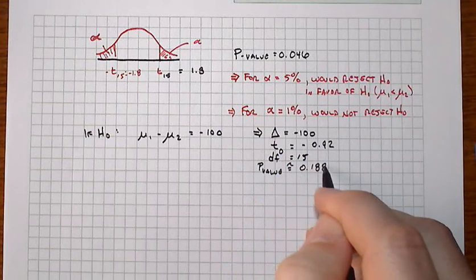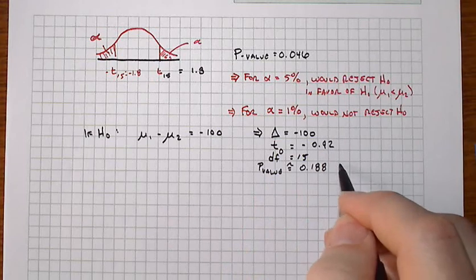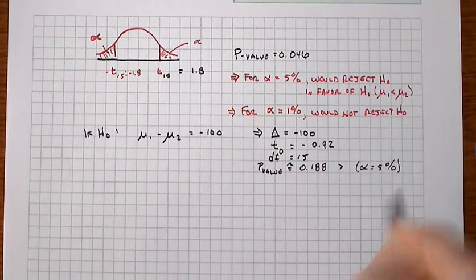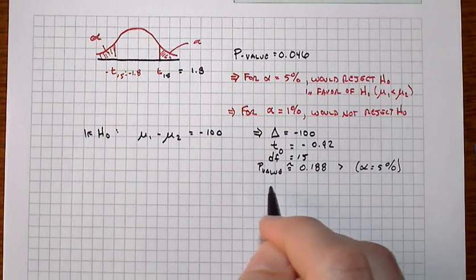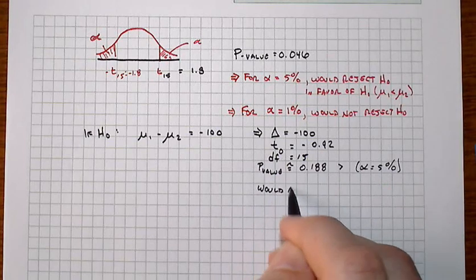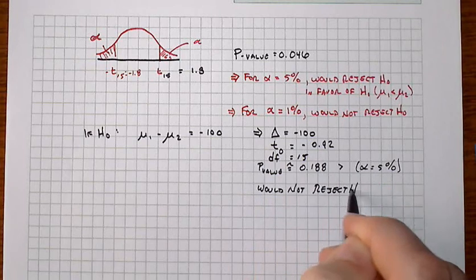It gets bigger. Right? And that's, of course, much larger than our alpha of 5%. And so even under that rule, we would not have convincing evidence to reject our null hypothesis.